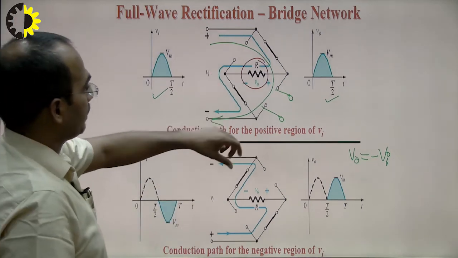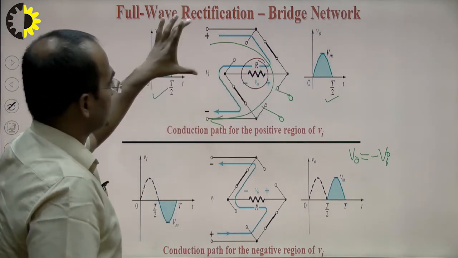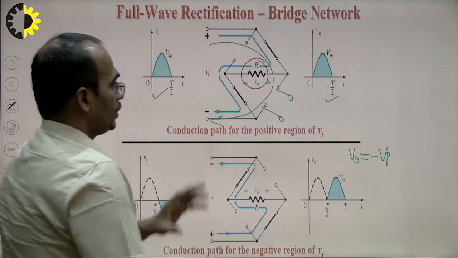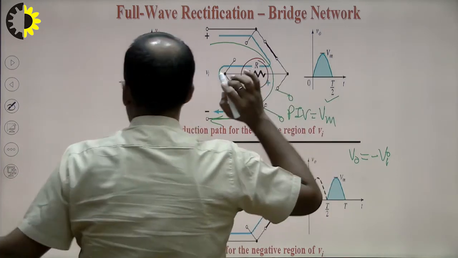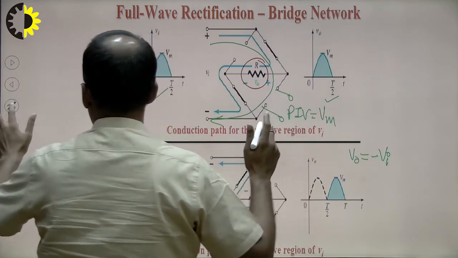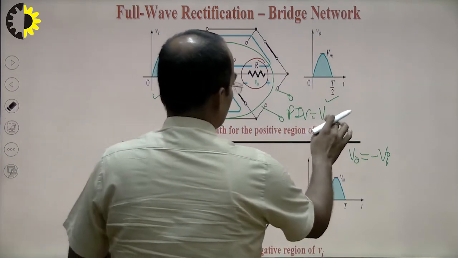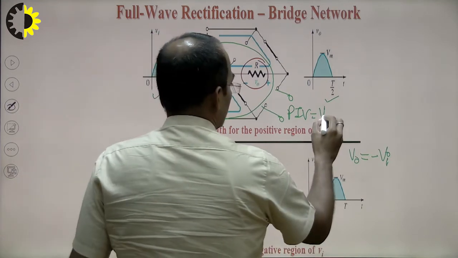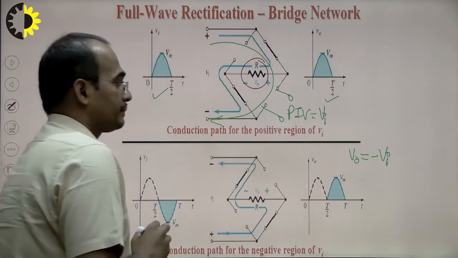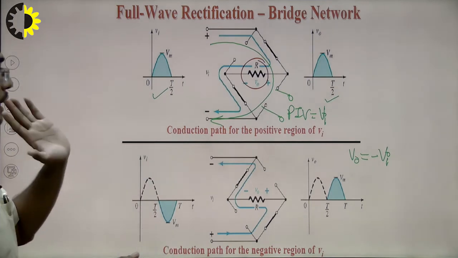So what will be the peak inverse voltage? The peak inverse voltage will be the same as what I have applied at the input. So PIV will be equal to Vi, and Vi is nothing but Vm sin omega t.